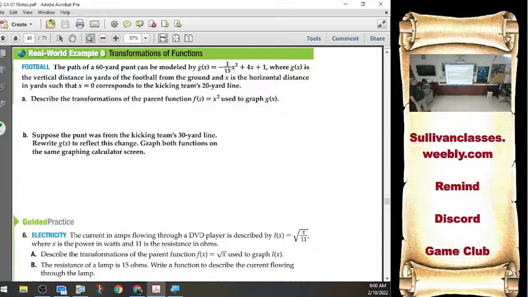The path of a 60-yard punt can be modeled by this particular equation. G of x is vertical distance, height, and x is horizontal distance.